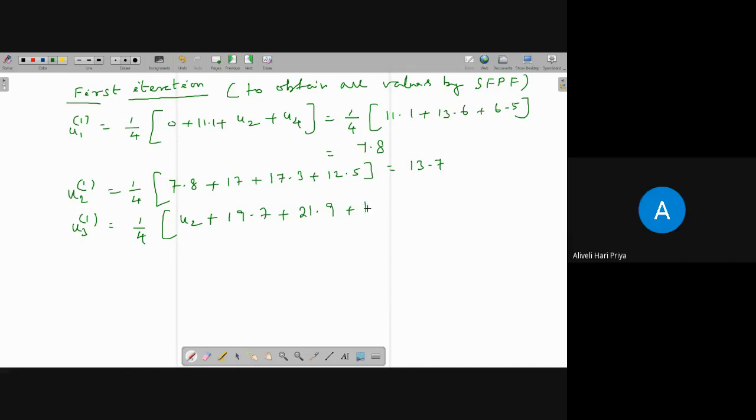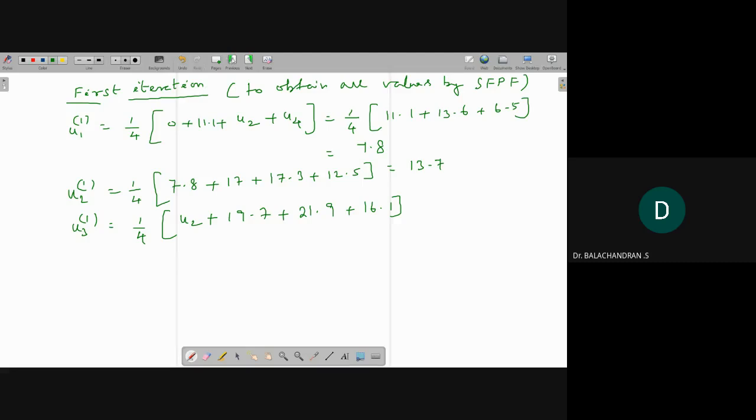Okay. U2 is what? U2 is 13.7. U2 is 13.6, is it? I think here it is 13.65, sir. But you should use the latest value for U2. You don't use the previous iteration's rough values.